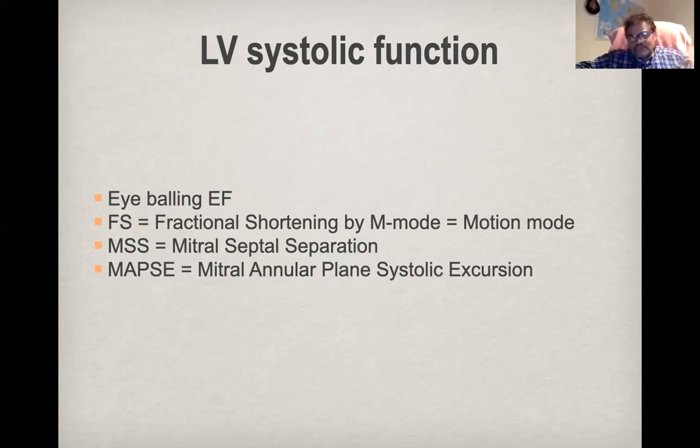Mitral septal separation is a gross method of getting the general overview of left ventricular systolic function. It is usually used by cardiologists for prognostic purposes, that is, repeated measurements to see how the left ventricle is behaving over years. For us, it can give us just the idea of how severely left ventricle function has been damaged or reduced.